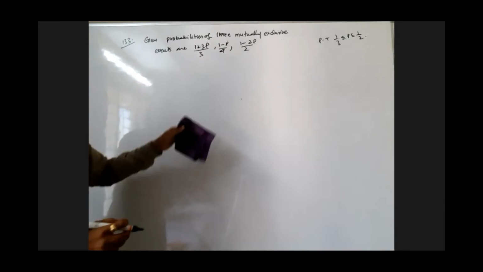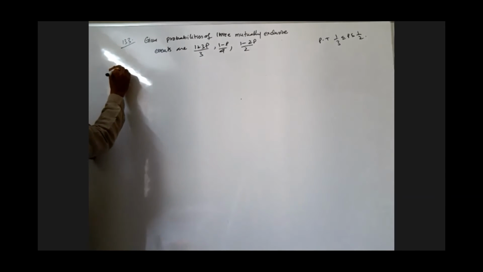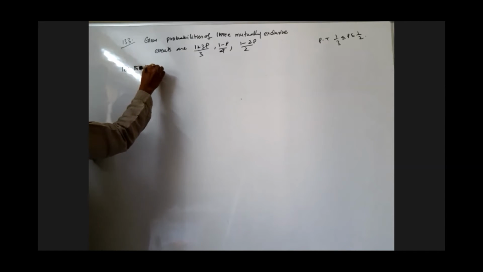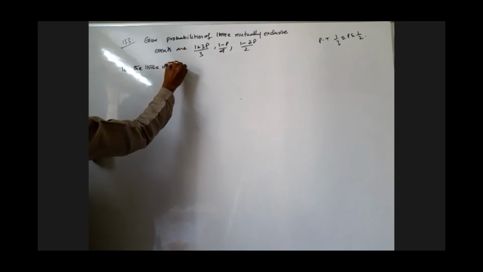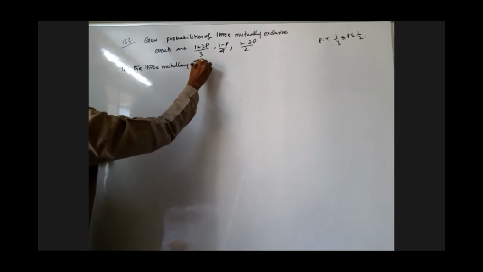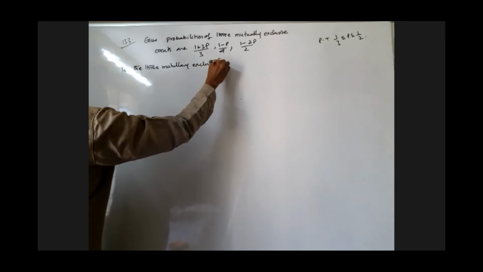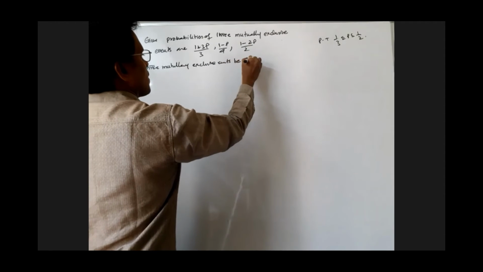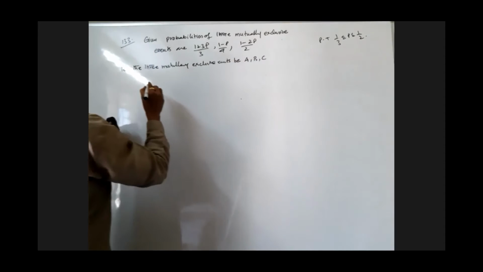I think we need more space, maybe I'll move this to this side. Let the three mutually exclusive events be A, B, C.